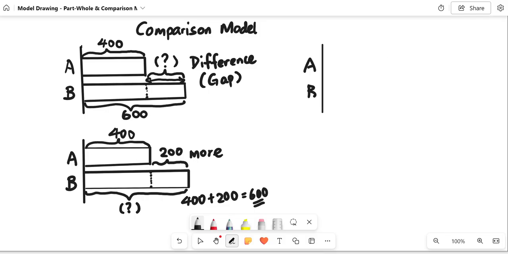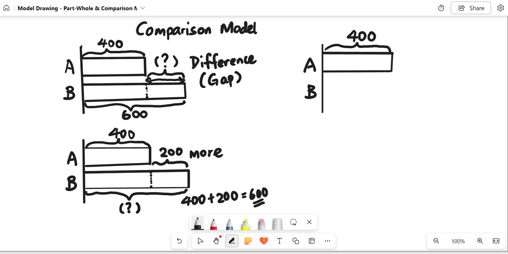Again, they are given A collected 400 bookmarks. So I have A collected 400 bookmarks. And then the problem says class A collected 200 fewer bookmarks than class B. So this is the part.